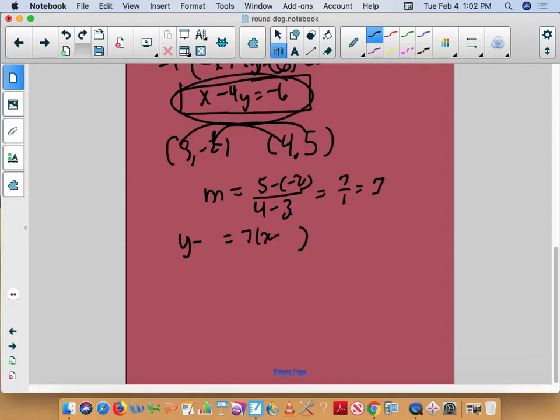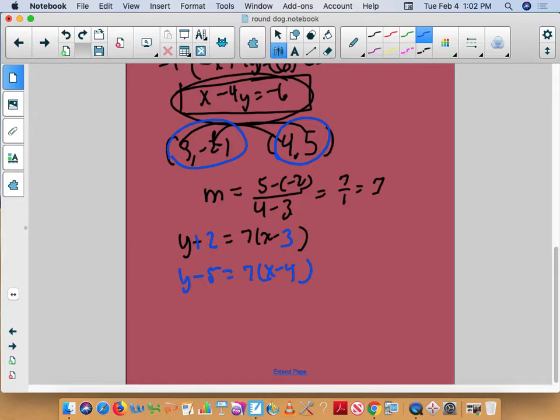In answer to her question, it doesn't matter which point she uses now. Jillian could use this one. That would give you y minus -2, x minus 3. Maria could use this one. y minus 5 and x minus 4.